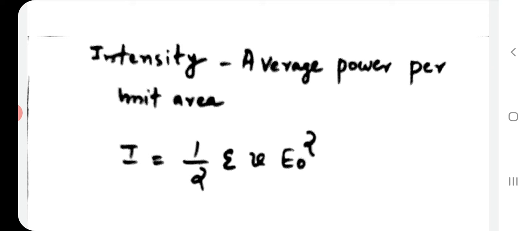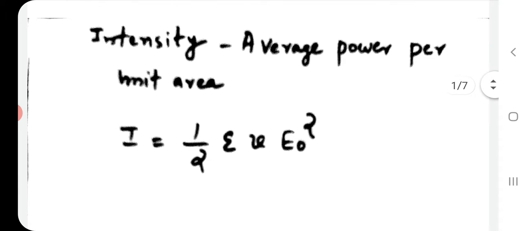Intensity is given by half epsilon v E0 square, where epsilon is the permittivity, v is the velocity of the wave in the medium, and E0 square is the electric field amplitude square. So this is the intensity.